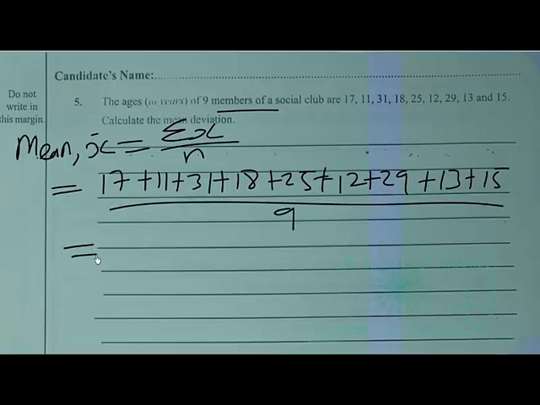So adding all these, we obtain 171/9, and that will give us 19 years. So the mean age is 19 years. We need to now calculate the mean deviation.